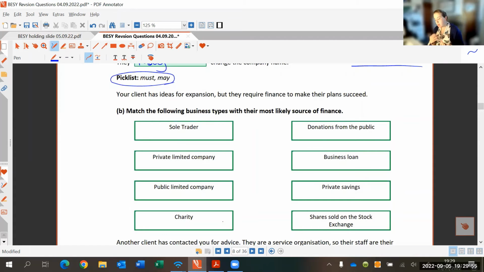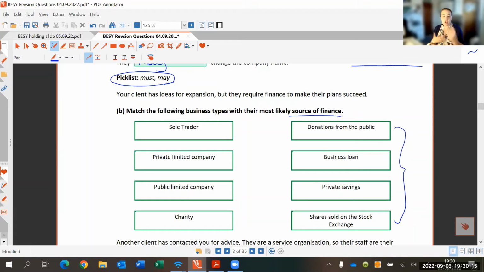So when we say, what is a source of finance, that is a way of getting money in through somewhere else. We've got public donations, a business loan, private savings, and then shares on the stock exchange.